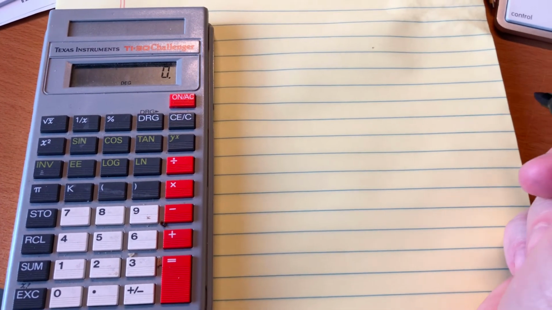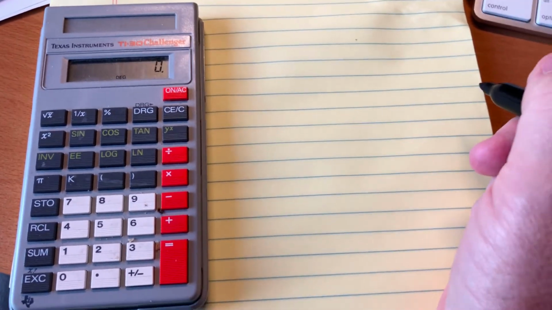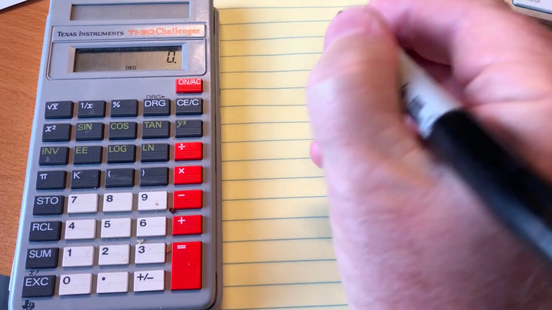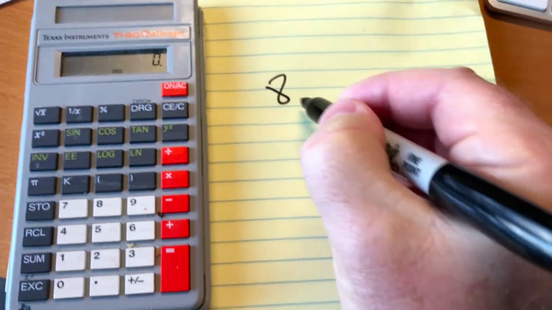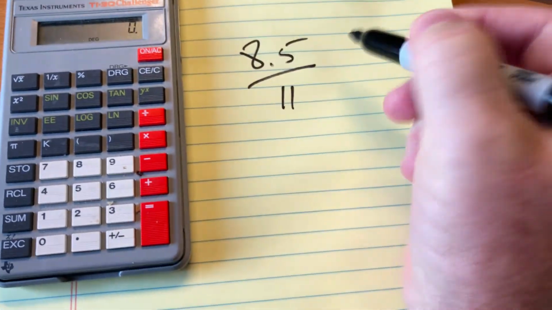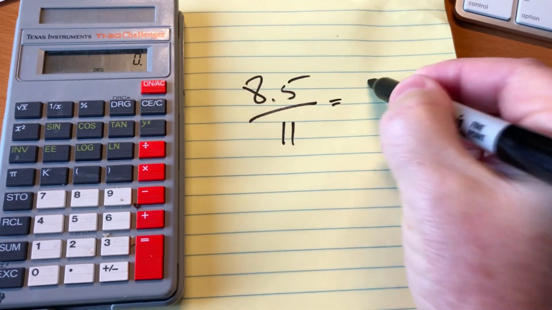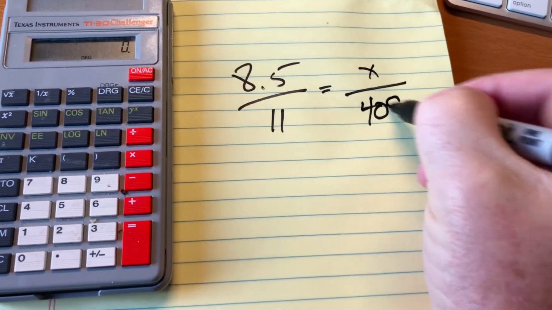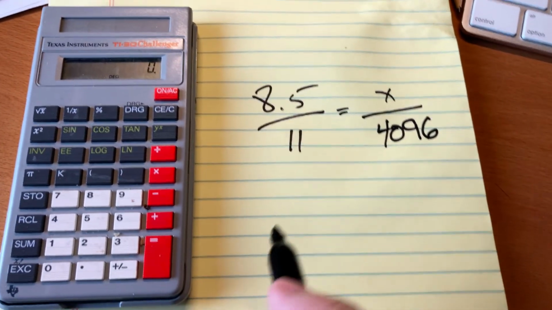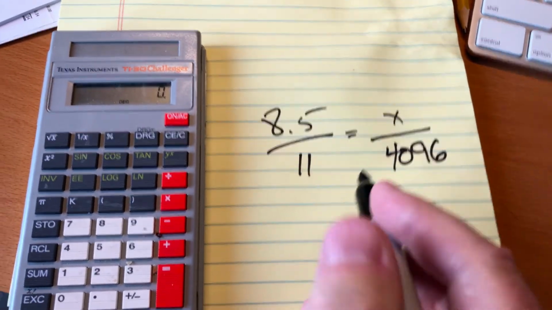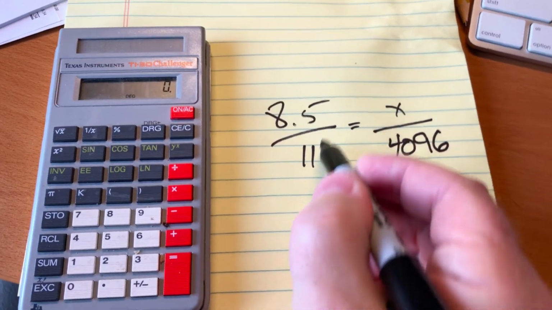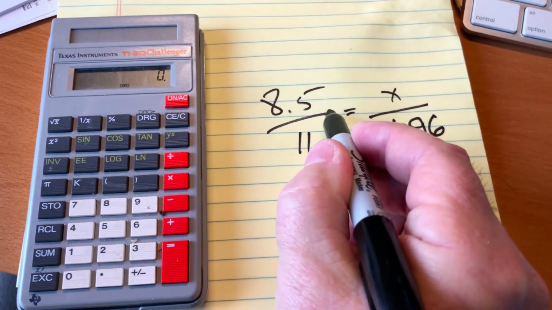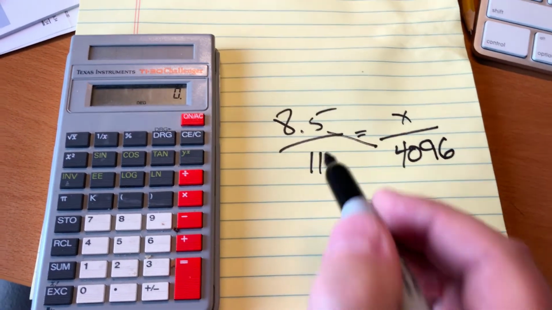So I need to do just a little bit of algebra here to figure out what my proportions are as pixels. So I will say 8.5 is to 11 as x is to 4096. And you wondered when you were ever going to use this stuff, says the former math teacher. So you go 8.5 times 4096 and divide by 11.